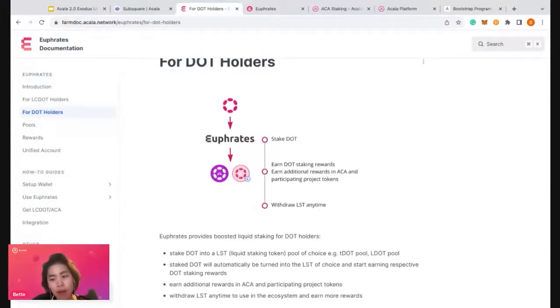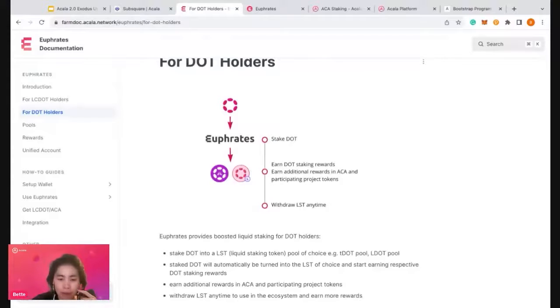When DOT stays on the platform in the form of LDOT or TDOT, they're both useful. LDOT is basically liquid staking and you can still use it. TDOT is even more so because it provides a liquidity pool. It's an LDOT to DOT pool behind the scenes. So we actually provide a lot of trading venues for folks like Credora, who will use that DEX venue to provide liquidity to their borrowers and lenders at the end of the day.